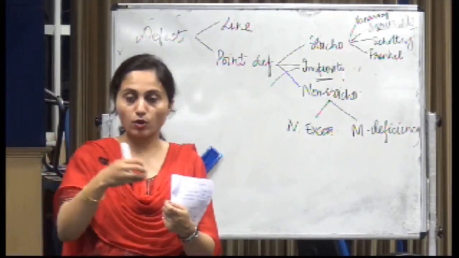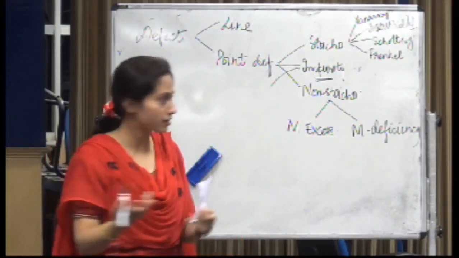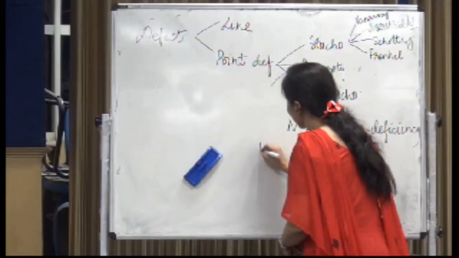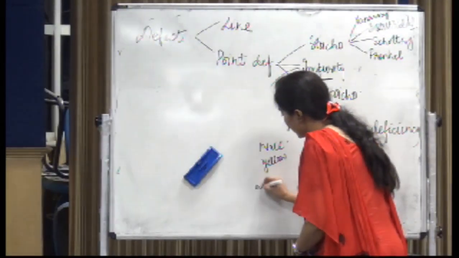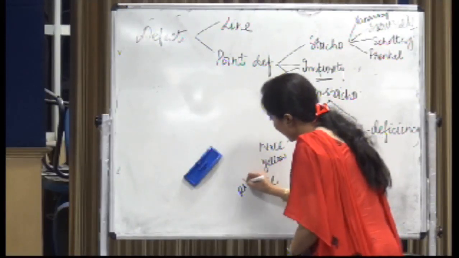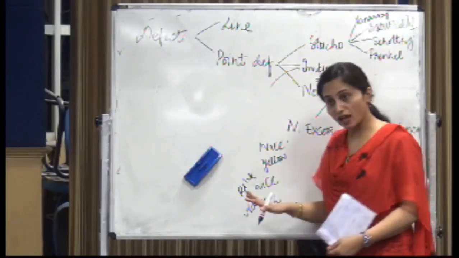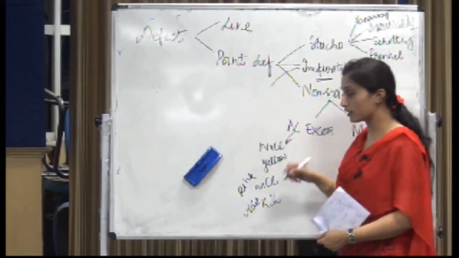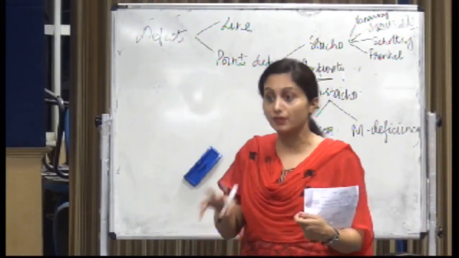Because of this movement, the electron also imparts color to the crystal. The color imparted in NaCl is yellow, in LiCl it is pink, and in KCl it is violet or lilac. Remember in all of these, the metal excess defect occurs because we are heating the crystal in excess of cationic vapors.